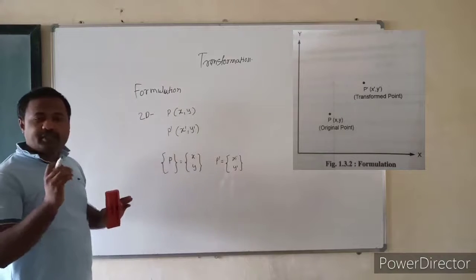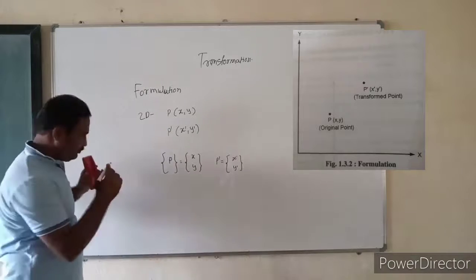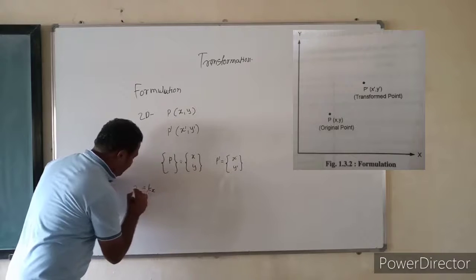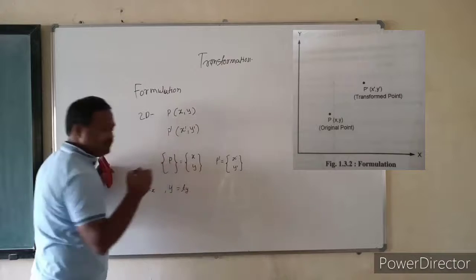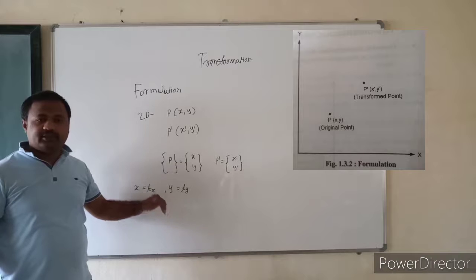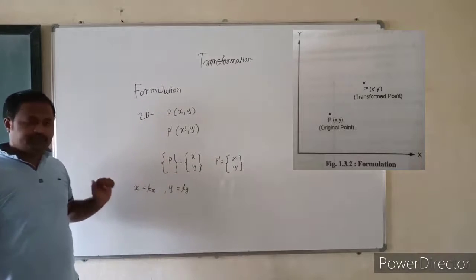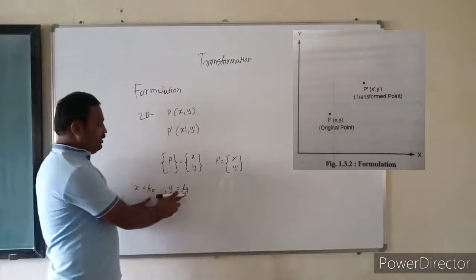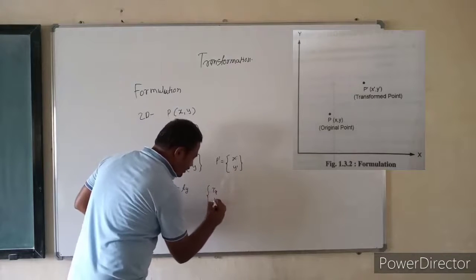If we consider point P is shifted in x direction by Tx, and in y direction by Ty, it is a shifting of that point. Then Tx and Ty are included; Tx in x direction, Ty in y direction.